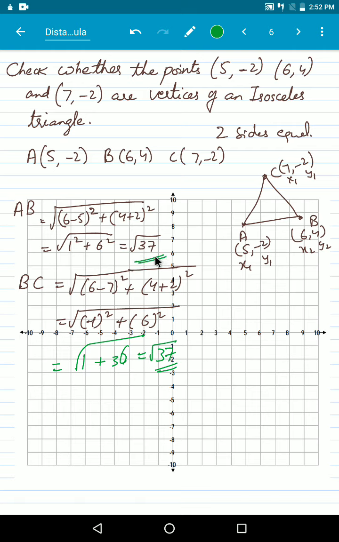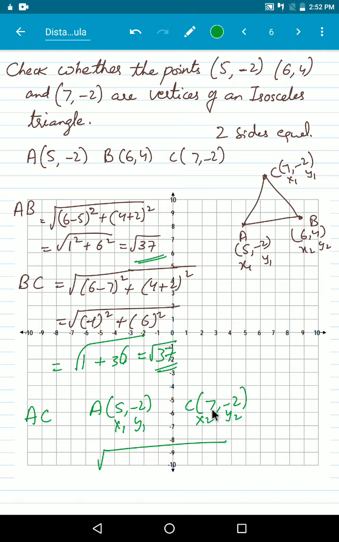Two sides are equal. Now sometimes what will happen, students will stop here only. Okay, go ahead and find the value of AC also. AC. So what is the value of A? A is (5, -2) and what is the value of C? (7, -2) again. So this is x1, y1, this is x2, y2.